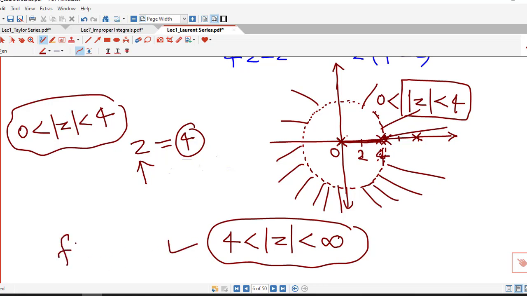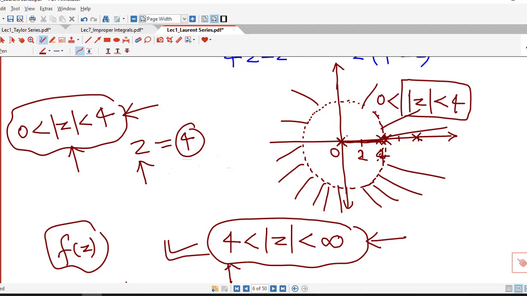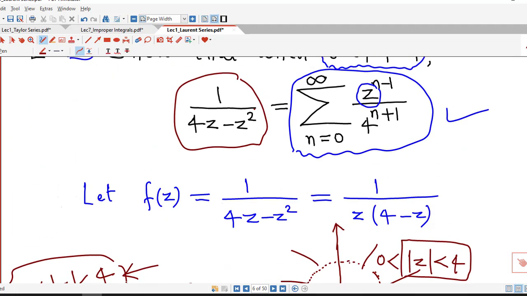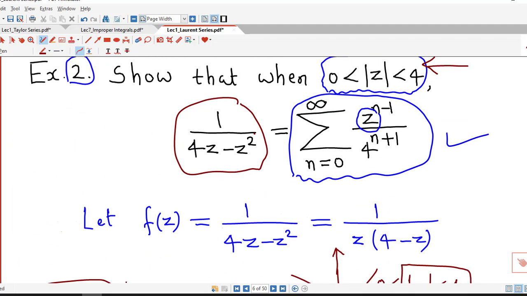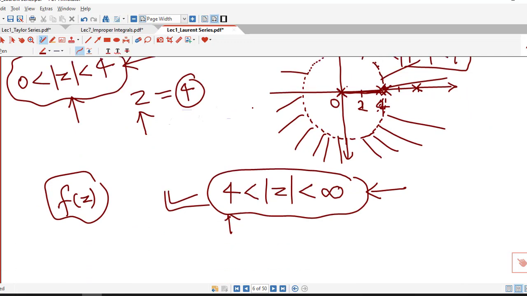So we can represent f of z as a Laurent series in this annular domain also, and we will have different Laurent series expansions in both the domains. So sometimes the question is like this: find Laurent series expansion of the given function in all possible domains.